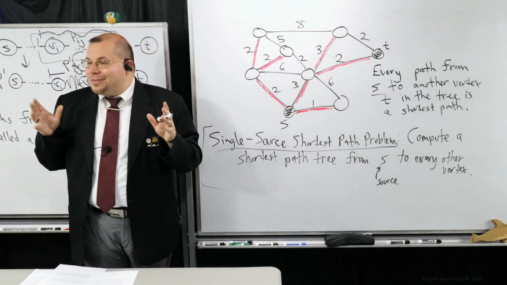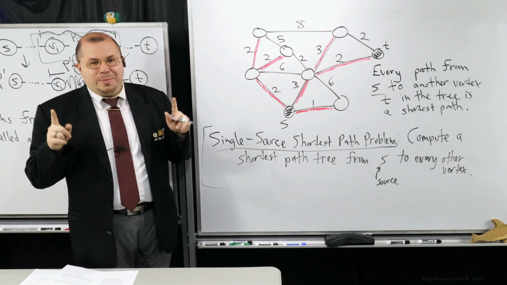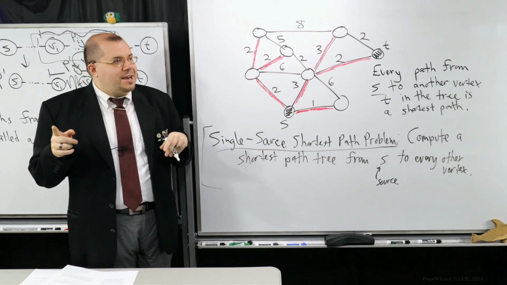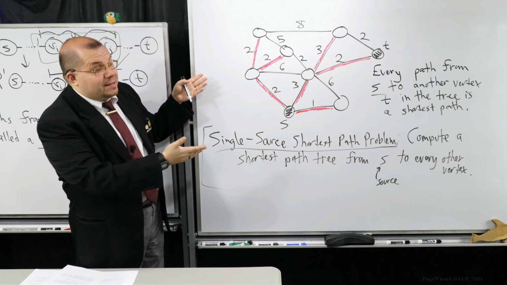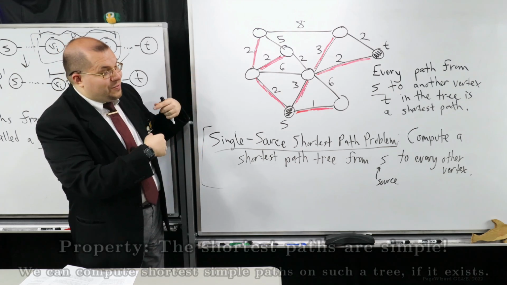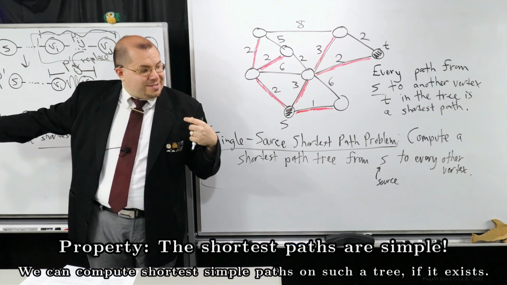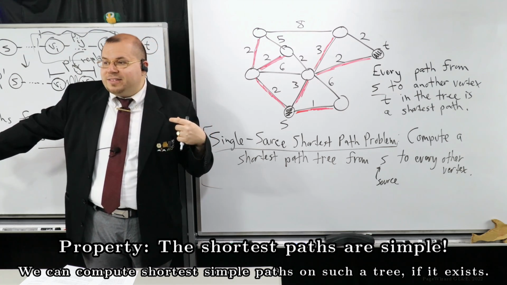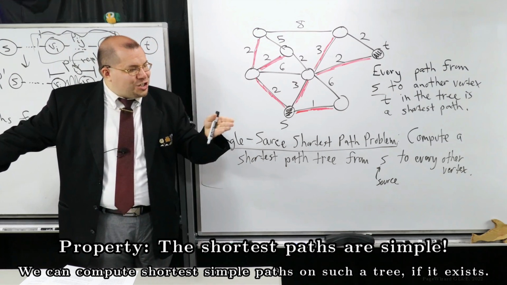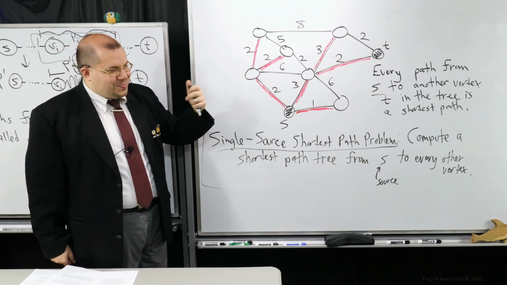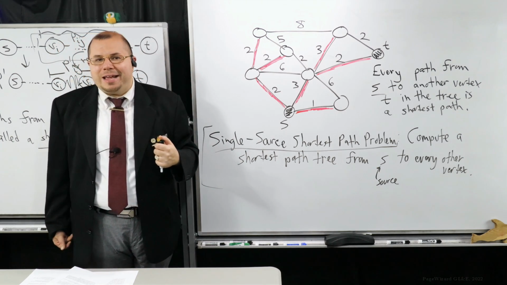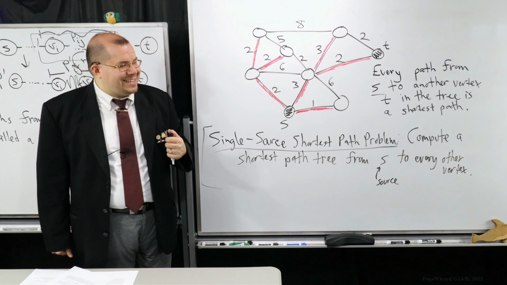So one other detail I really wanted to point out to you, and you may not have caught on to this carefully, is that it doesn't matter for this tree if the path is simple or not. If you were to presume I'm trying to compute a simple path, that distinction doesn't matter here. Notice that if you didn't have a simple path, you'd just be repeating edges or vertices, right?